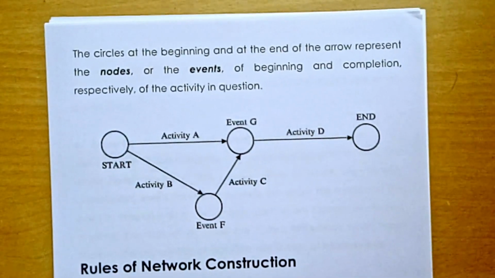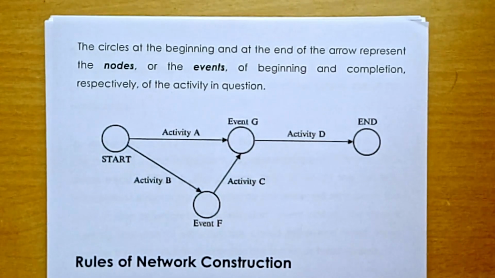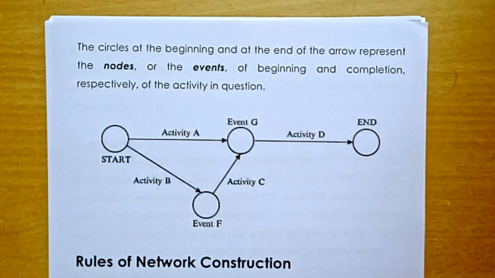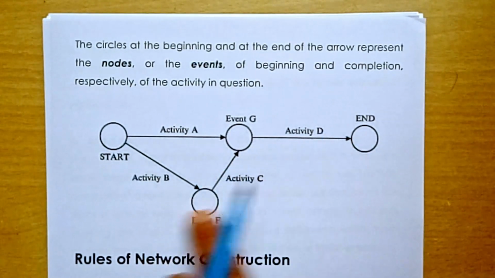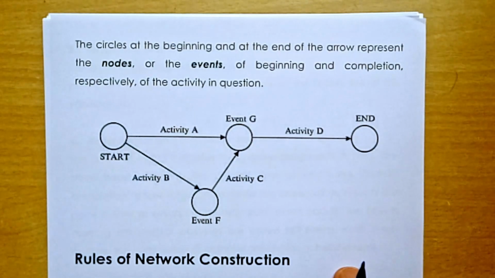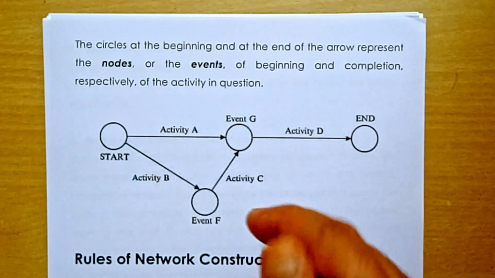See, this is one small network diagram of a very small project maybe. So this is what is called a network diagram. The circles, the beginning, and we're talking about these circles.